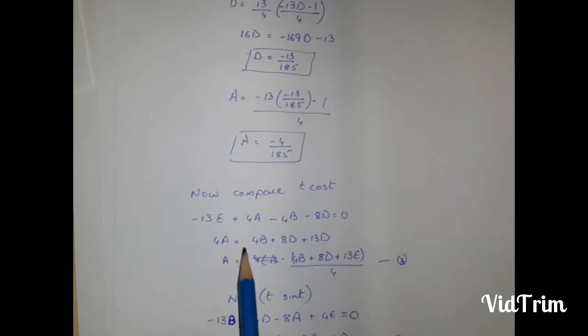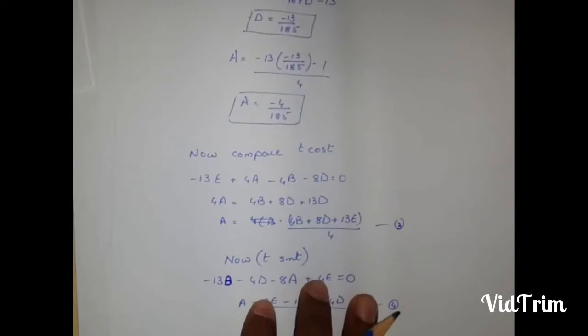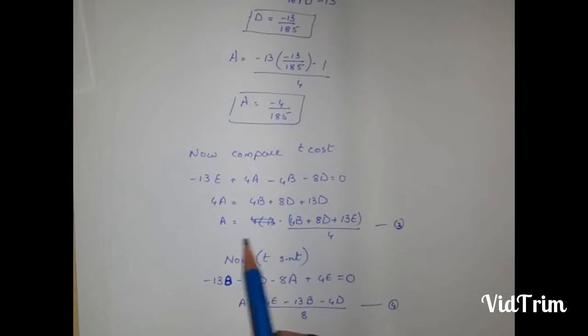Now compare t cos t. I compared it: minus 13e plus 4a minus 4b minus 8d is equal to 0. After simplification, my equation will be a is equal to 4b plus 8d plus 13e upon 4. Now compare the coefficient of t sin t: minus 13b minus 4d minus 8a plus 4e is equal to 0.